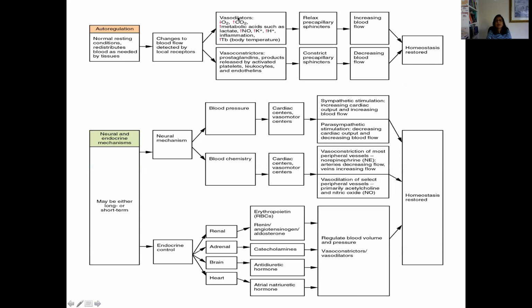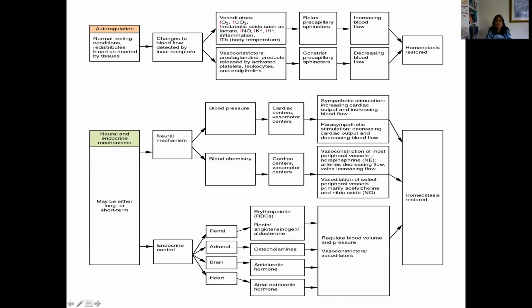The situations that would cause vasodilation are low levels of oxygen, high levels of CO2, increased metabolic acids such as lactate, calcium ion, hydrogen ion, and nitric oxide, inflammatory agents, and increased temperature. All of these lead to vasodilation, correct? Changes to blood flow are detected by local receptors.